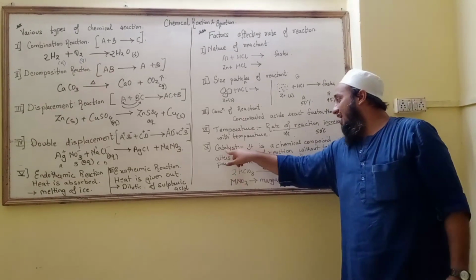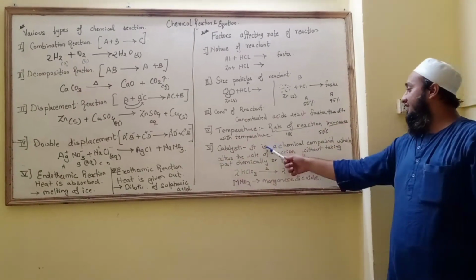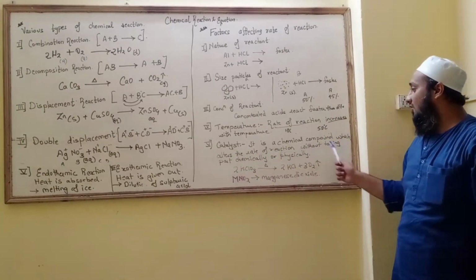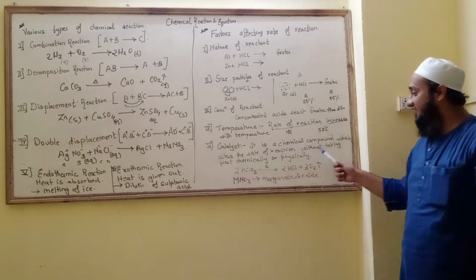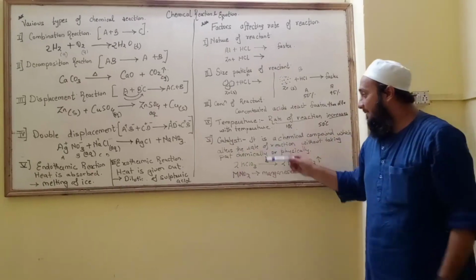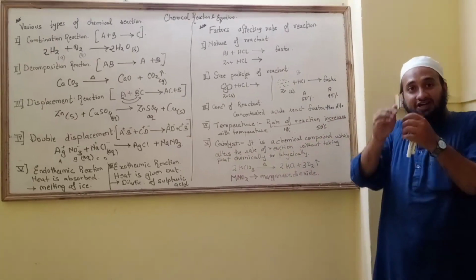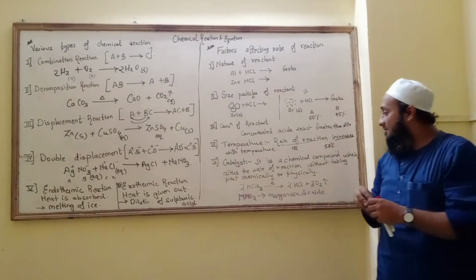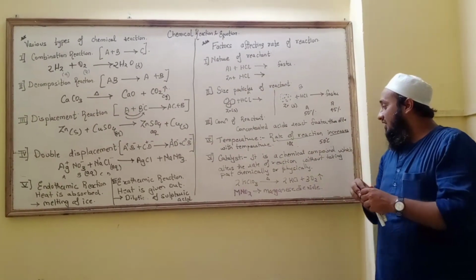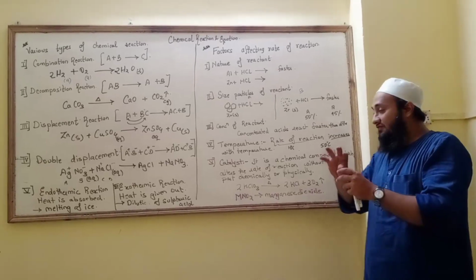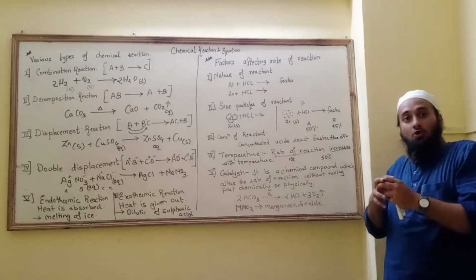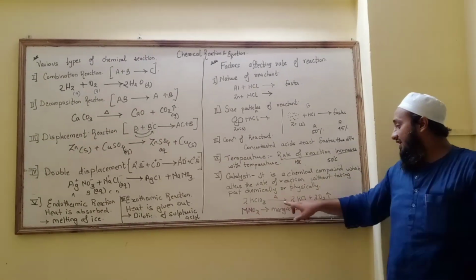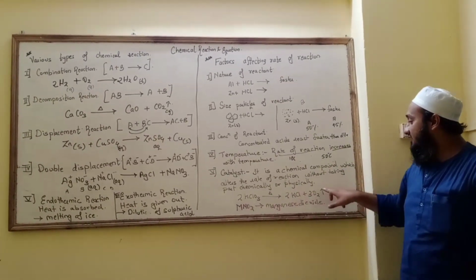Catalyst. What is a catalyst? I have written the definition. It is a chemical compound which alters the rate of reaction without taking part chemically or physically. When you add a catalyst, it increases the rate of reaction. It is a new compound which you add, but it does not take part chemically or physically, meaning it will not create a compound. It will only alter the rate of reaction. For example, potassium chlorate gives potassium chloride plus oxygen.